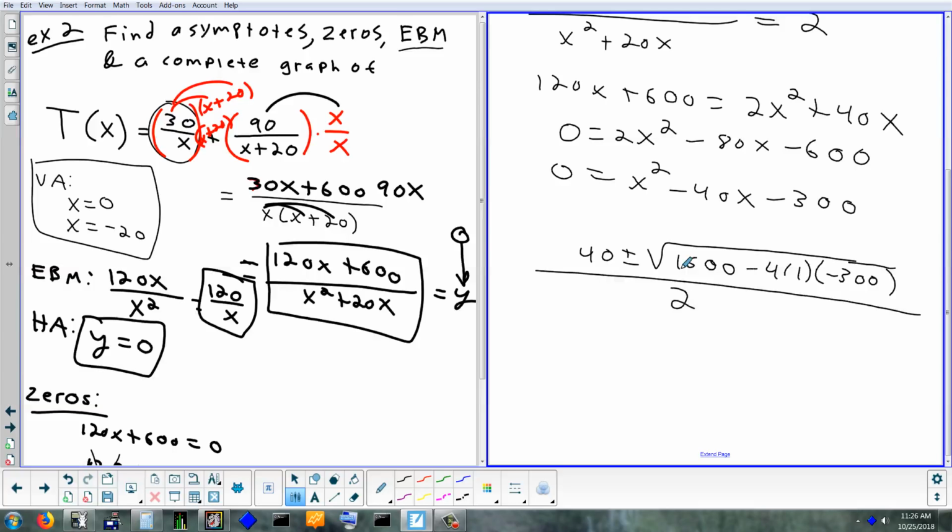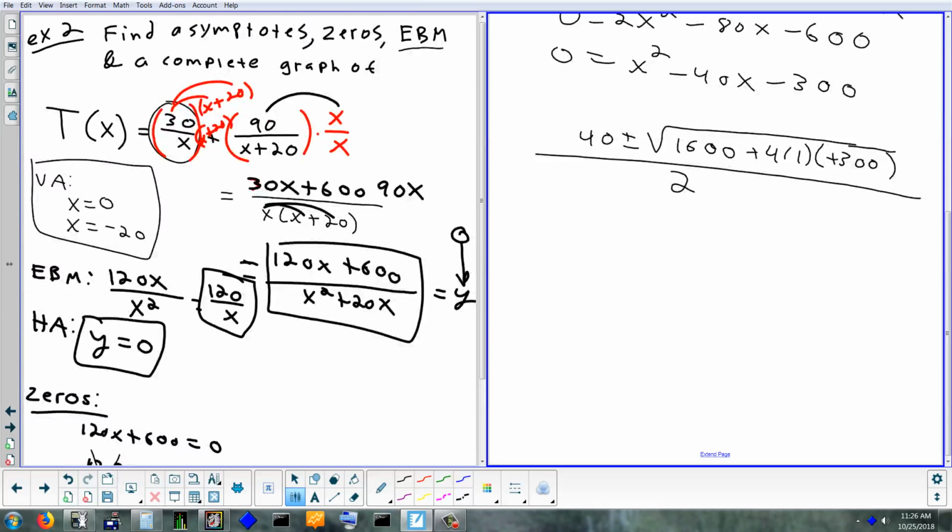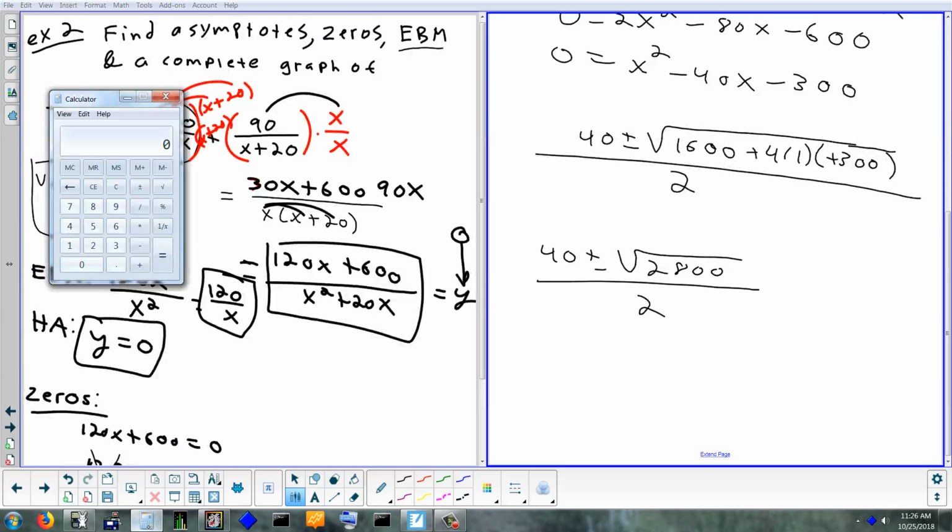All right, what's going to happen here? You've got minus a minus, so that becomes a plus. What's 4 times 300? How much? 1200, and 1200 plus 1600? Yep, 2800. Okay, so let's work that out and see what the speed comes out to.